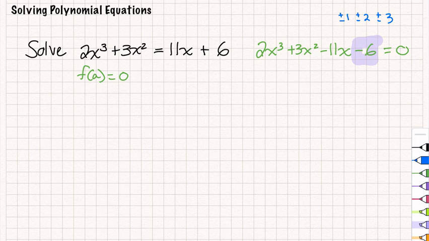So I suggest you start with plus or minus 1, and then from there we're going to see what we sub in for x is going to make this equation equal to 0. So the number that we get, f at 2, will equal 0. So that means that x minus 2 is a factor.